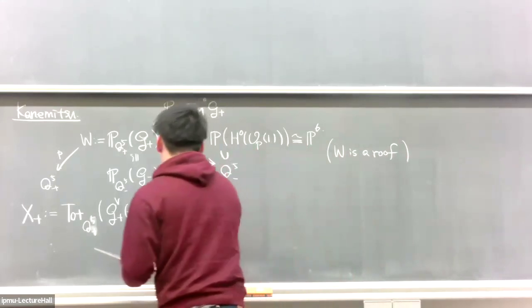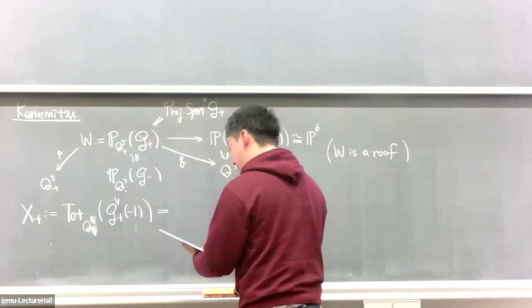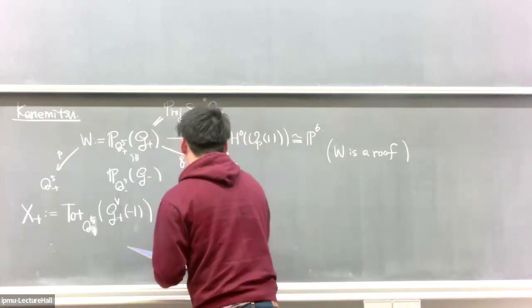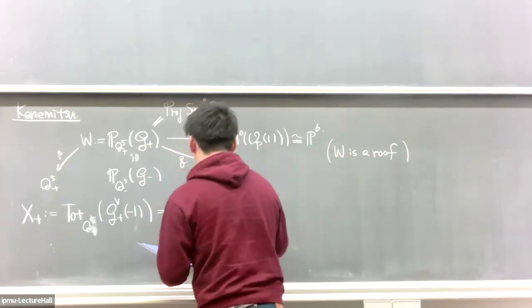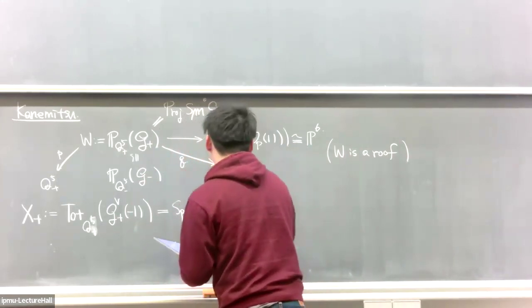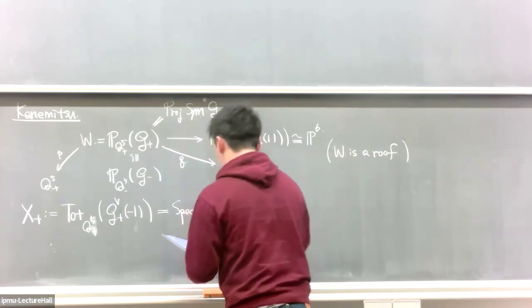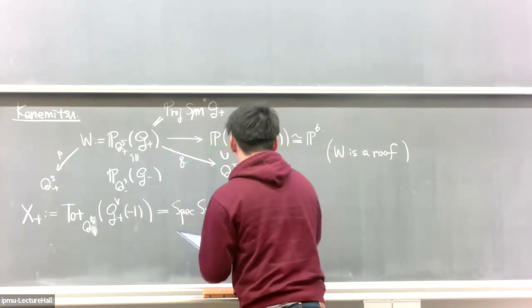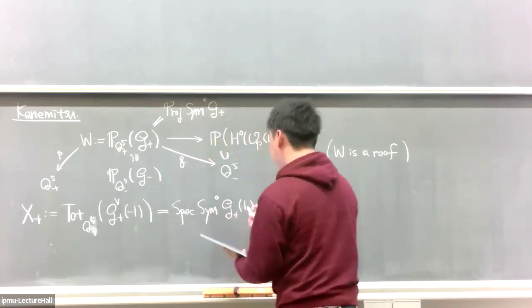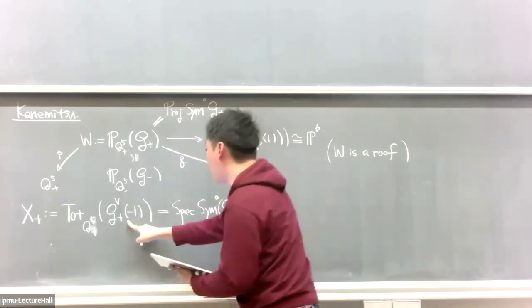For this total space, I employ the dual notation. So this is the spectrum of the symmetric algebra of G1, the dual of this one.